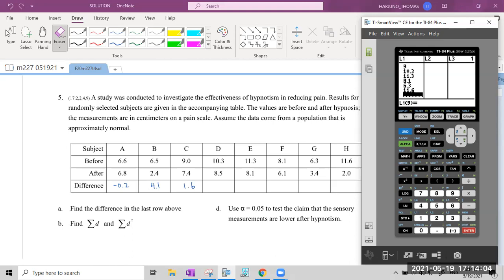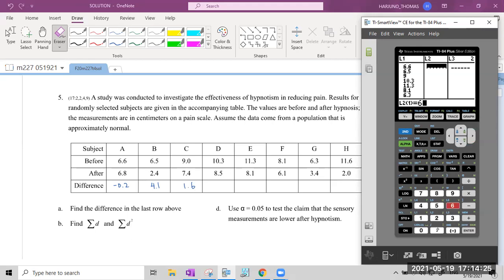Am I skipping anything? Let me check. The first row is 6.6, 6.5, 9.0, 10.3, 11.3, 8.1, 6.3, 11.6. So there are 8 data for the first row, the before.